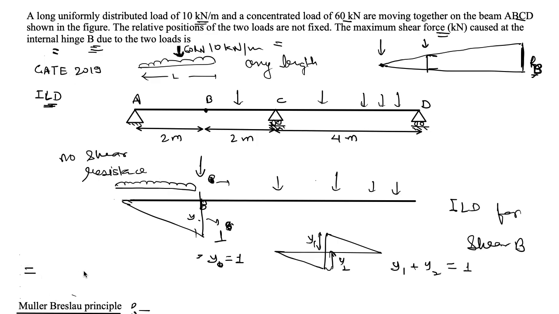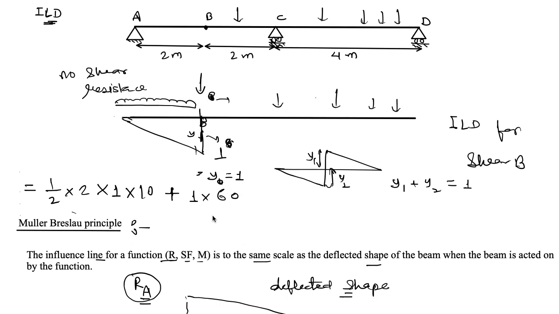Now we just have to write the area of the triangle and multiply it with the intensity of the UDL. So the area of the triangle will be half into this base, which is 2 meter, times height, which is 1, and times the intensity of UDL, that is 10, plus 1 into 60, because we are applying this point load. So this value is coming as 60 plus 10, that is 70 kilonewton.